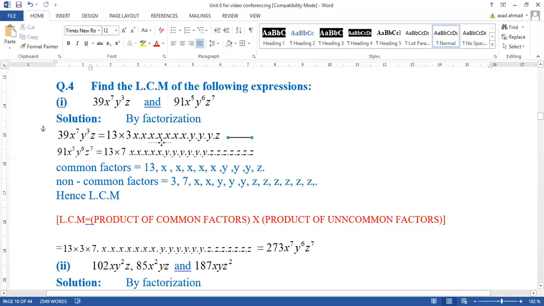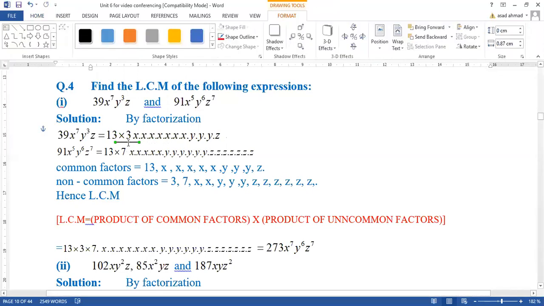If I just give you the way, like 3, and this number 3 is also not common with any other number. So this will be written as non-common factor 3. Similarly 7, this is not common. You can see that it will also be written as non-common factors.